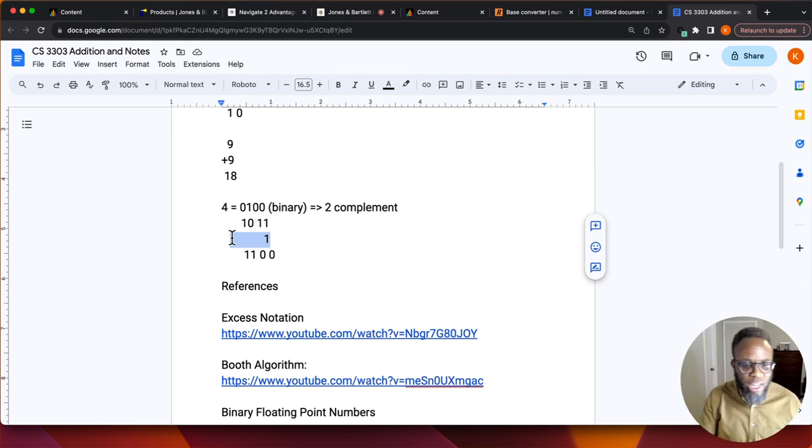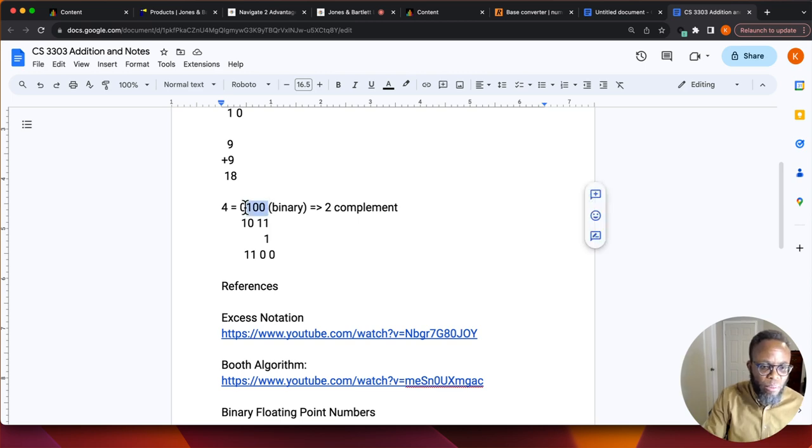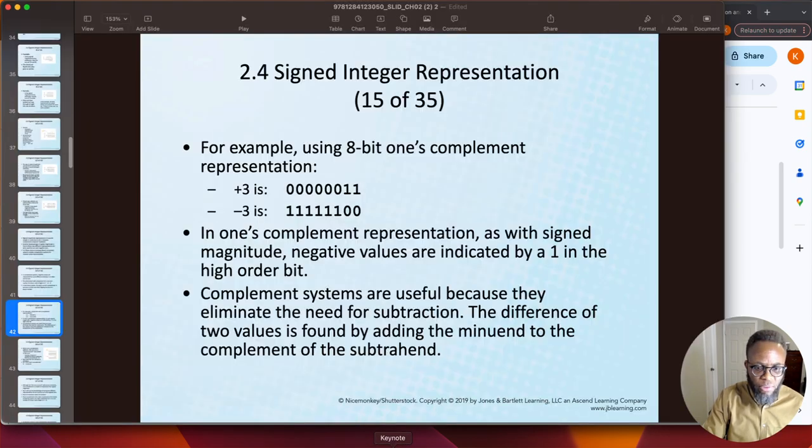Okay, so we'll get to this, but just ignore that for now. Ones complement, you take the binary representation of the number and you flip the bits, zeros to 1 and ones to zeros, and that becomes the ones complement. Let's just stick with that for now until we learn more.